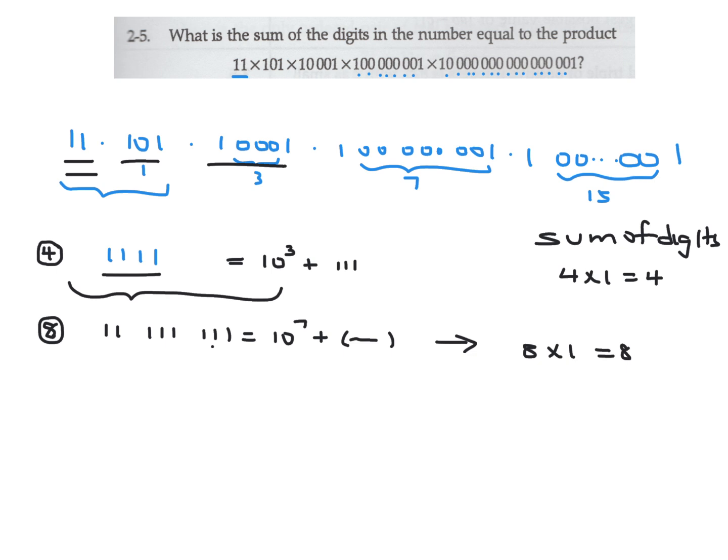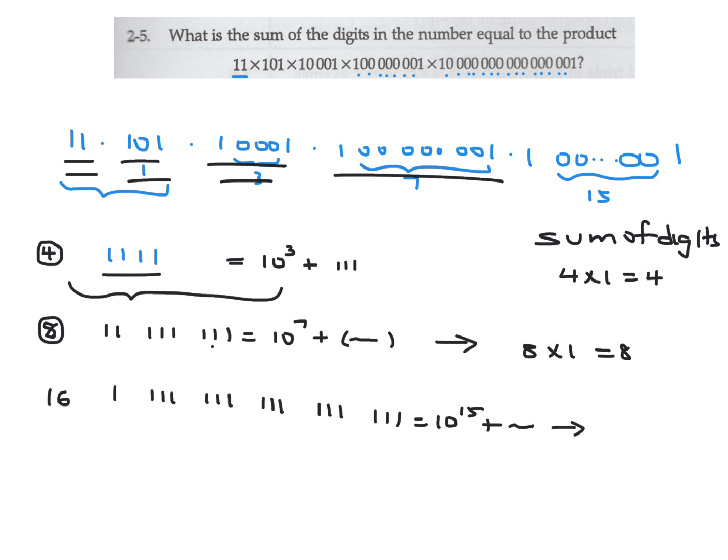Now let's do it for these 4. That would be 1, 1, 1, 1, 1, 1, 1, 1, 1, 1, 1, 1, 1, 1, 1, 1. Okay, so how many ones is that? 16. And that is obviously 10 to the power of 15 plus a bunch of stuff.